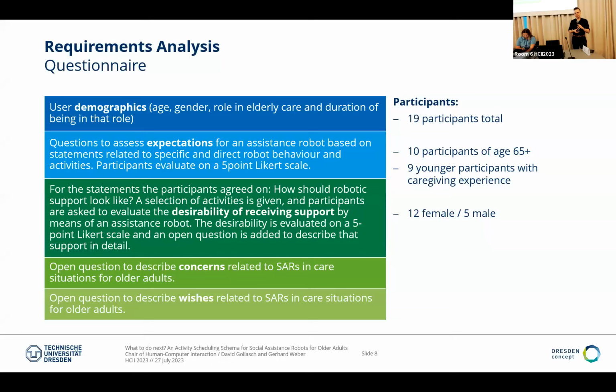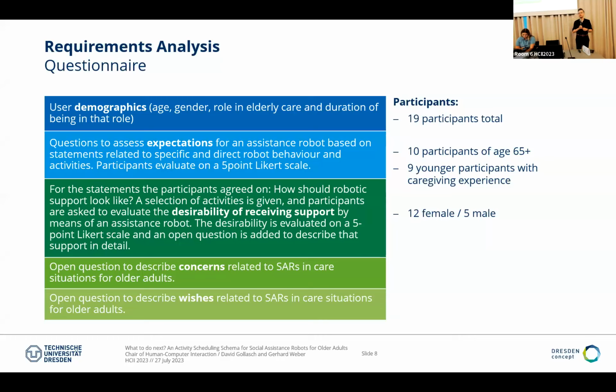So first of all, the requirements analysis that we did was a questionnaire among 19 participants, of which half are of the target user group of people aged 65 and above. The other half is from the caregiving sector. And we asked them basically for their expectations of how a social assistance robot should behave, what kind of behavior is expected.